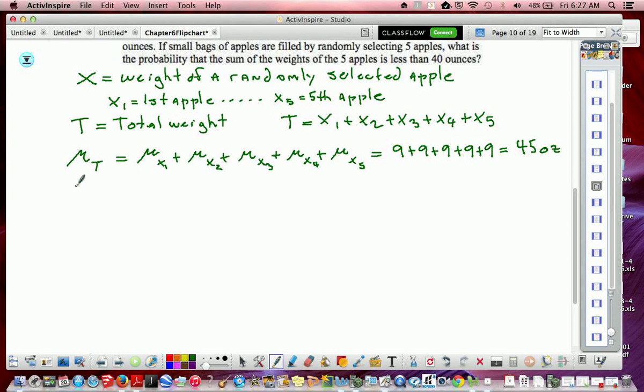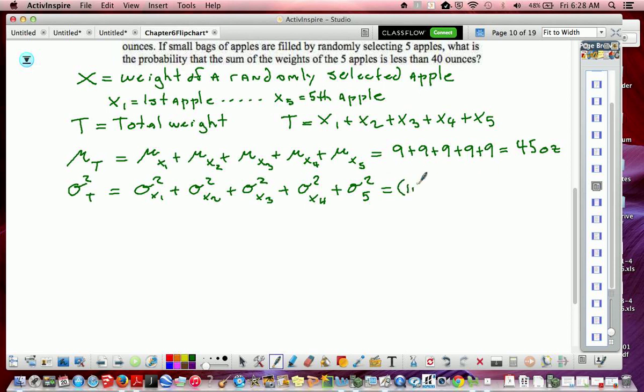Now, if I want to do the standard deviation, I actually have to calculate out the variance. So I have to take the variance of the first apple, and the variance of the second, the third, the fourth, and the fifth.